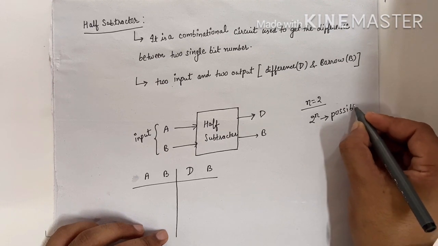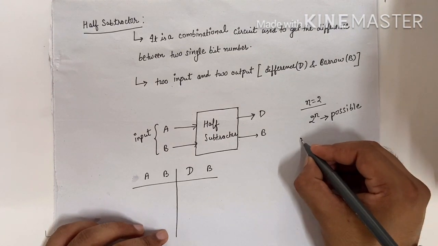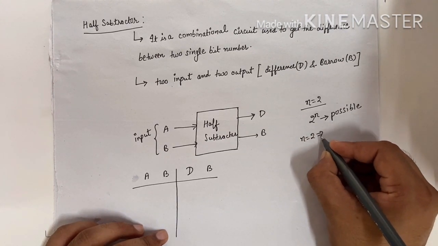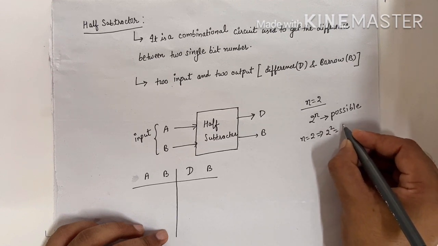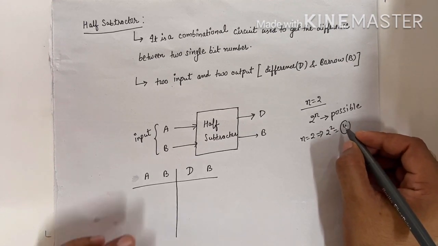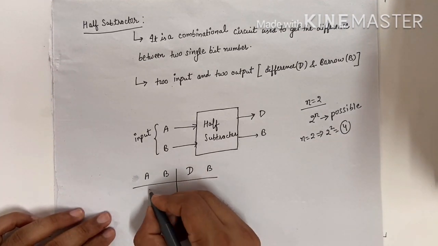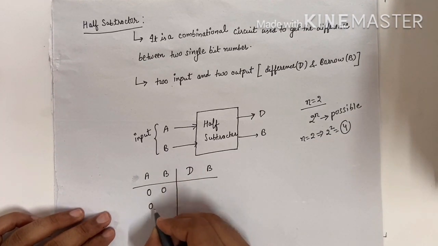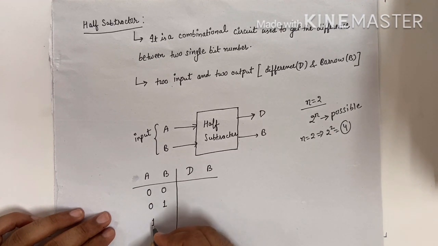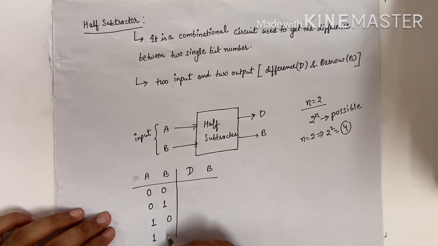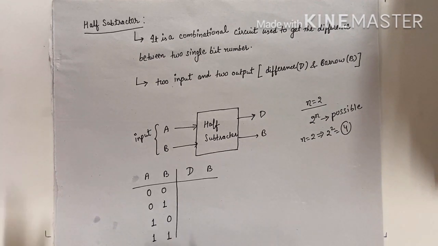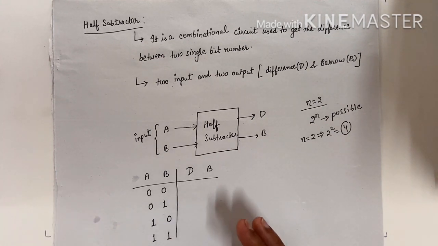Here n equals 2, so the possible outcomes become 2 raised to the power 2, which is 4. So we have 4 possible outcomes for two variable, which are 00, 01, 10 and 11. These are the 4 possible outcomes of two input variable.